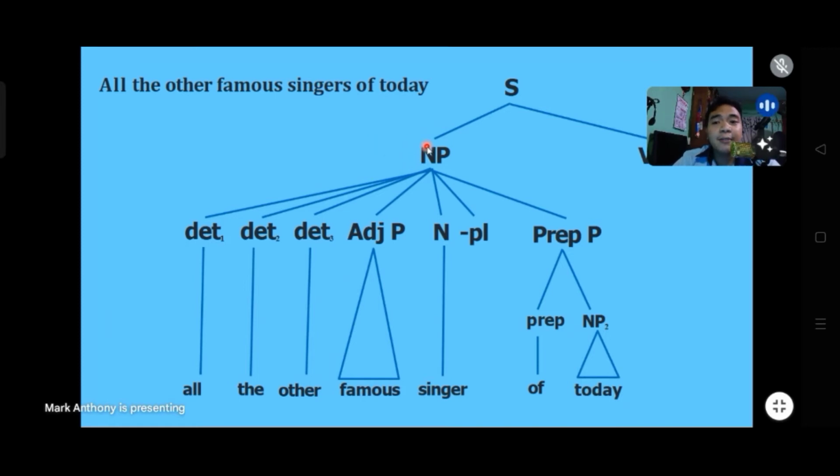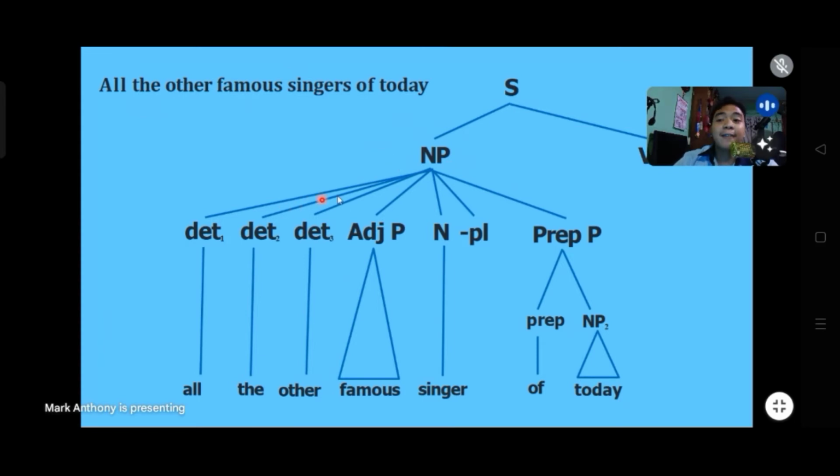The sample sentence is "all the other famous singers of today." Let's start first with the sentence itself, which is divided into two sub-constituents: the noun phrase and the verb phrase. Since there is no verb in the sentence, we'll be focusing more on the noun phrase, which is the topic of the second basic structural rule.